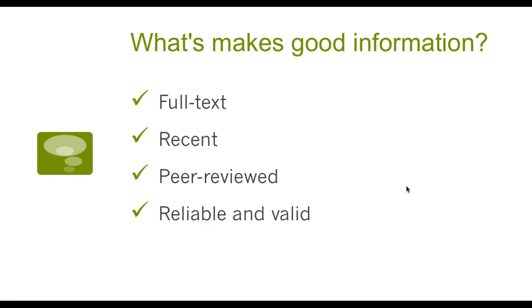And you want it to be reliable and valid. A lot of articles will actually identify whether there is some sort of conflict of interest. For example, someone who's doing research on smoking who's working for a tobacco company, probably we're going to be a little bit concerned about. We're going to be thinking about issues of bias.